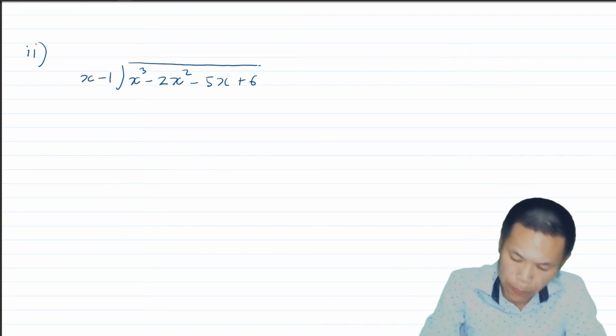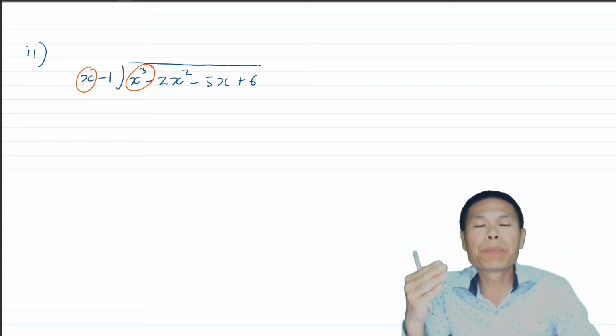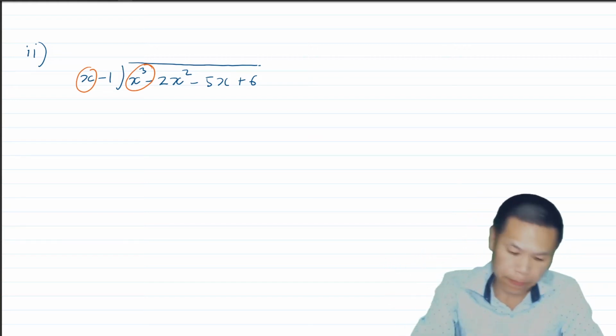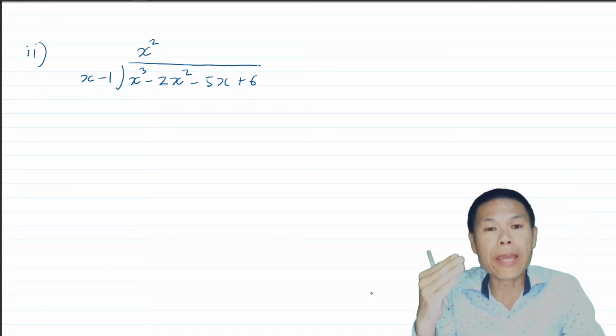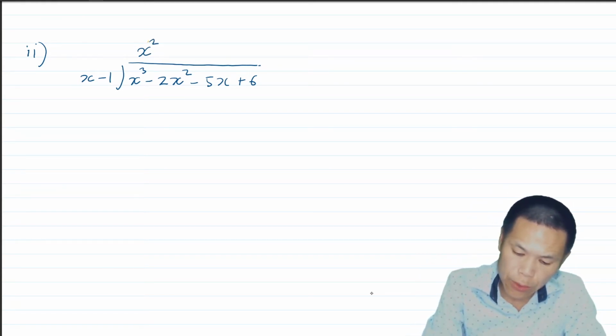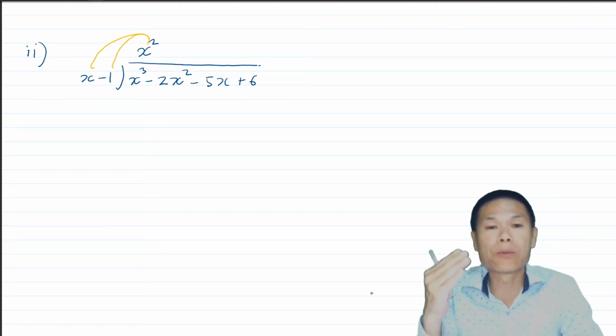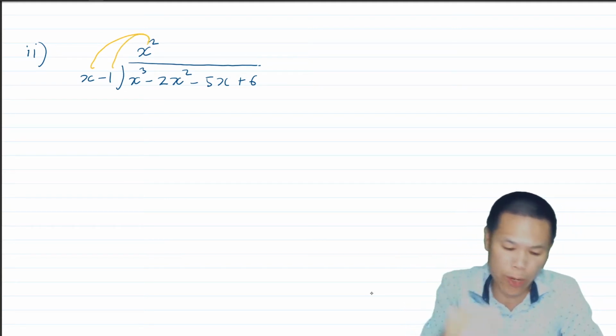So we use x to the power 3 divided by x, which gives me x squared. And then we use x squared times x is x to the power 3. x squared times negative 1 is negative x squared.